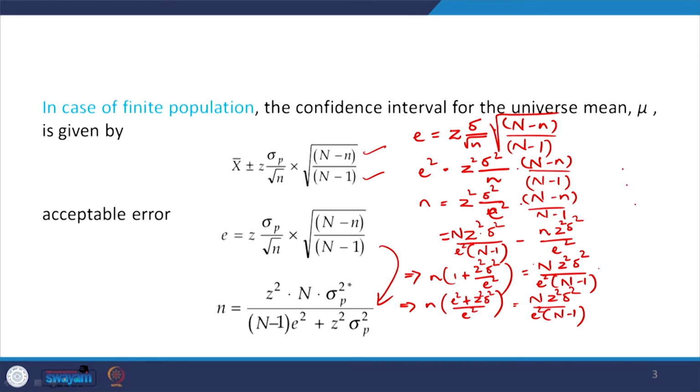Now E squared is taken to the left-hand side.